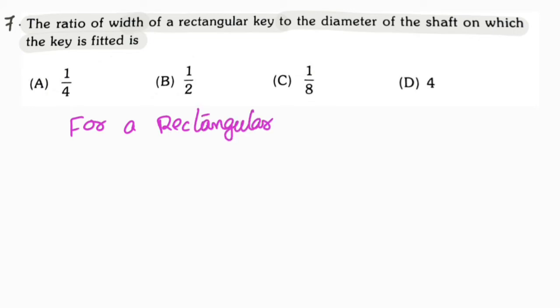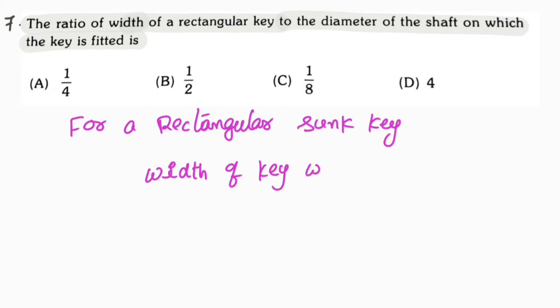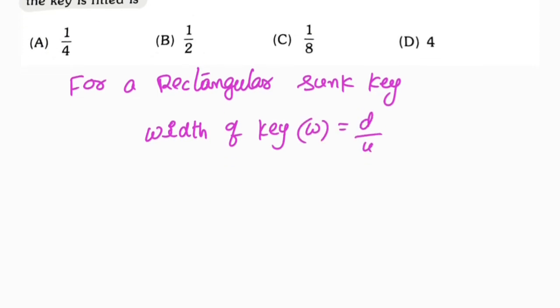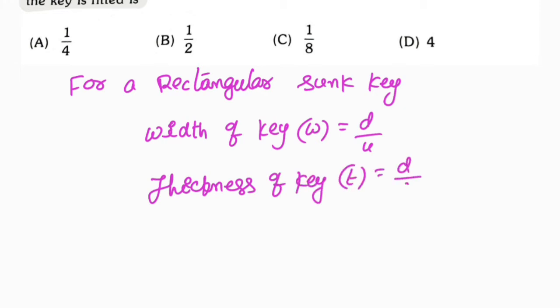For a rectangular sunk key, the width of the key, W, equals D by 4, and the thickness of the key, T, equals D by 6, where D is the shaft diameter.